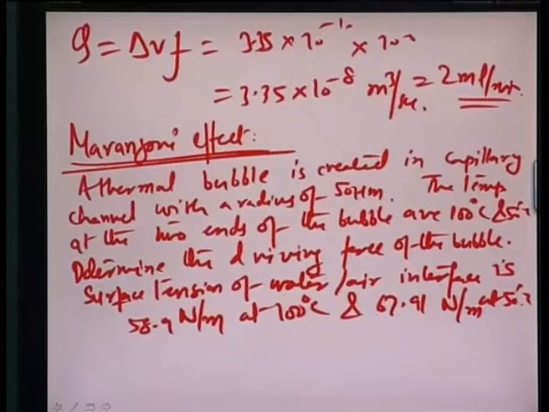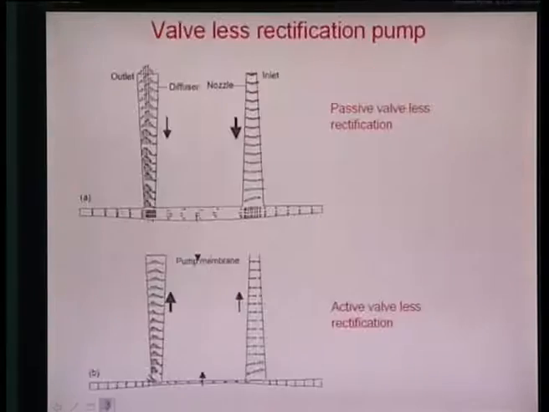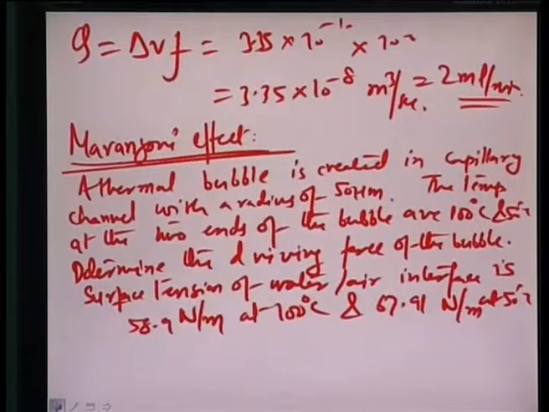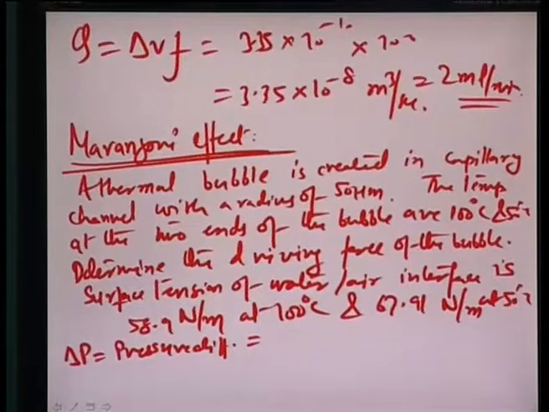So, let us say we have a pressure difference at two ends of the bubble, which is estimated as delta P. This pressure difference is defined by twice the surface tension sigma of the air-water interface at 50 degrees Celsius and that at 100 degrees Celsius.